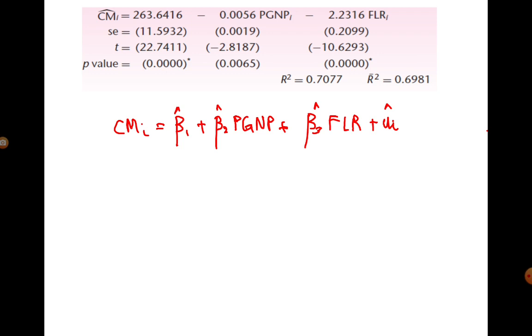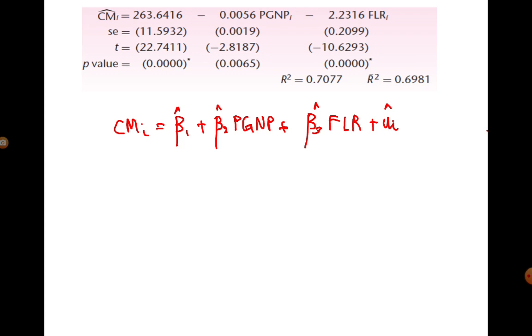We also have the R square value, which is 0.7077, and the adjusted R square value, which is 0.6981. The adjusted R square value is the R square value adjusted by the degrees of freedom of each of the sum of squares that appears in the formula.